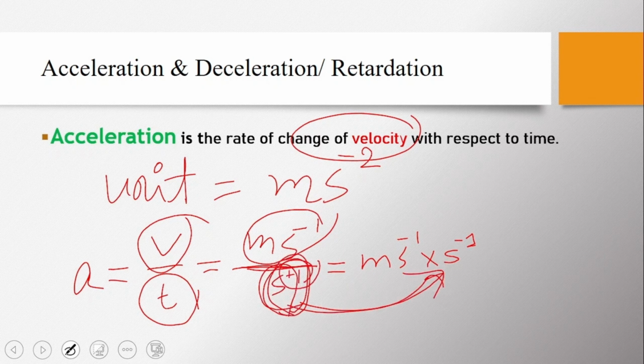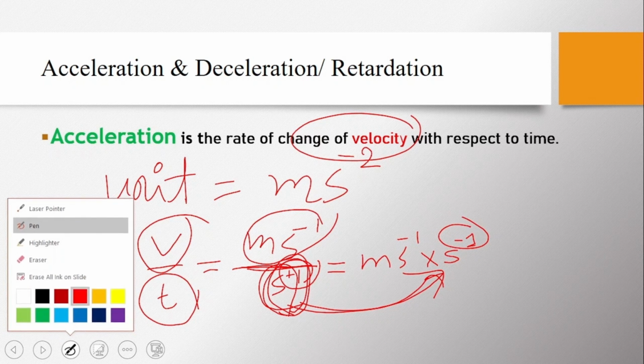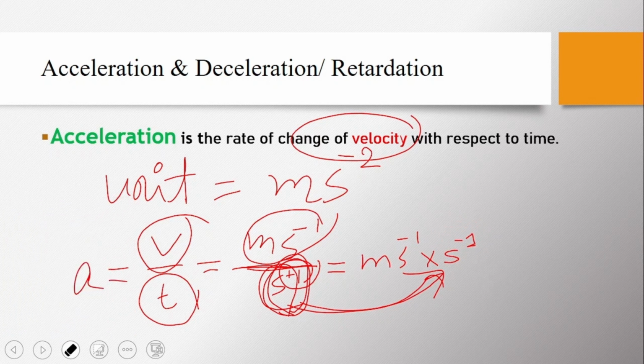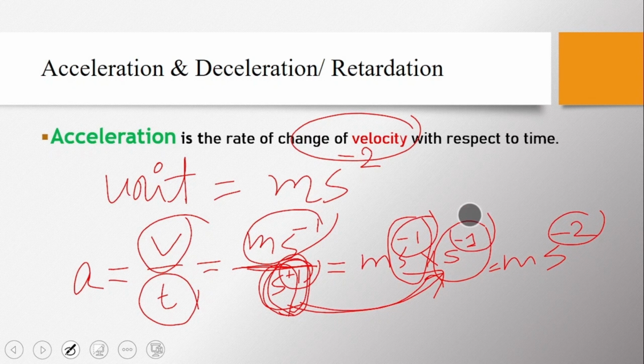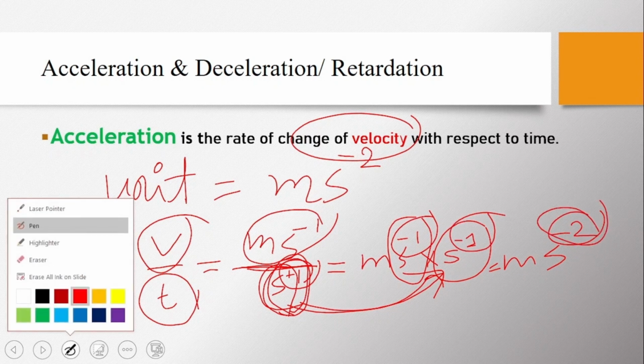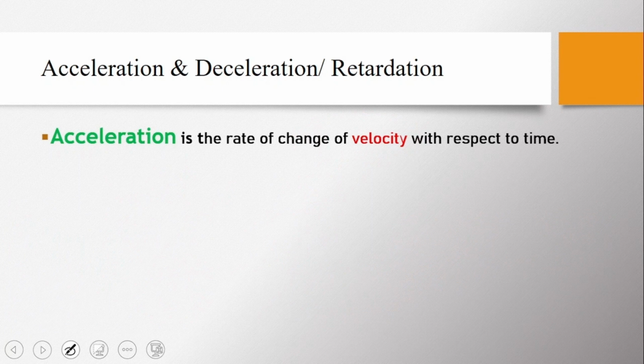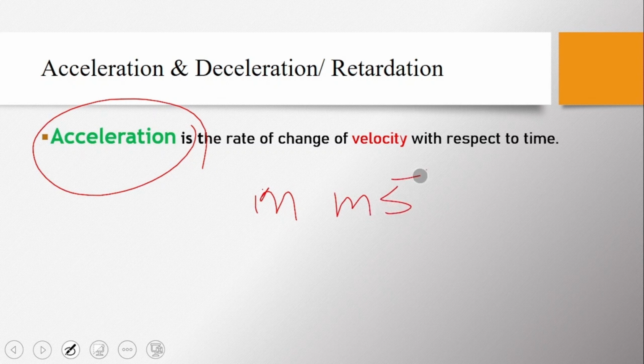Now we can see here is s inverse 1, here is another s inverse 1. So both together make inverse 2, that means minus 2. Minus 1 and minus 1, minus 2. This is how the unit of acceleration is meter per second square, right?